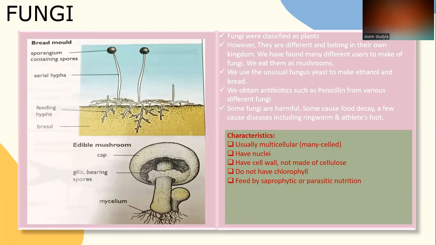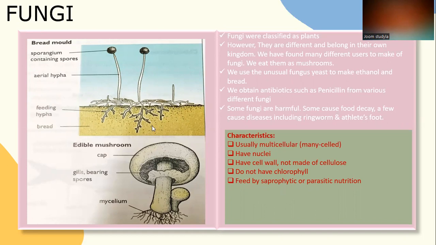The characteristic of fungi is that they are usually multicellular, which means they consist of many cells. They have a nucleus, have a cell wall not made of cellulose, do not have chlorophyll, and feed by saprotrophic or parasitic nutrition.